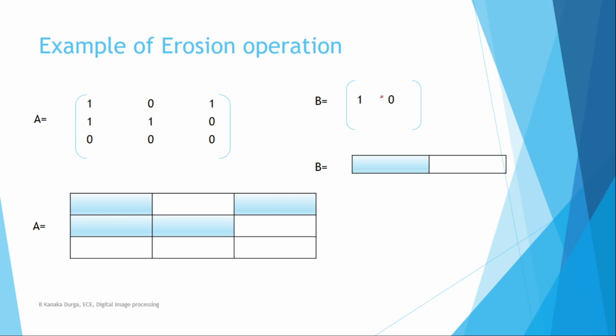And the same structuring element B: the first one is 1, so filled, the second one is 0, not filled. For either dilation or erosion, we have to know which one is the origin of the structuring element. I am considering this as the origin of the structuring element. The same matrix I have taken for analysis purposes in the dilation operation. If you want to see, you can see the previous lecture video on dilation also.